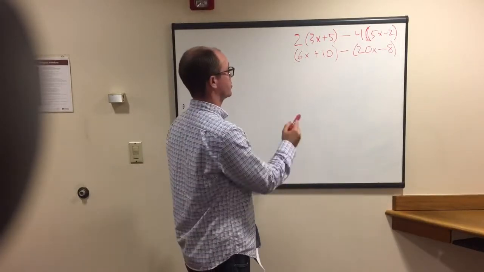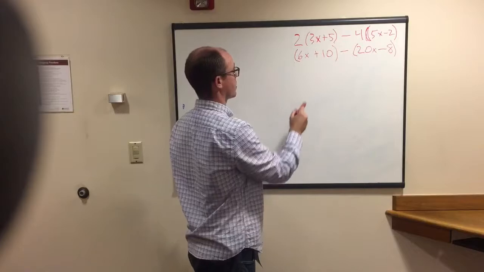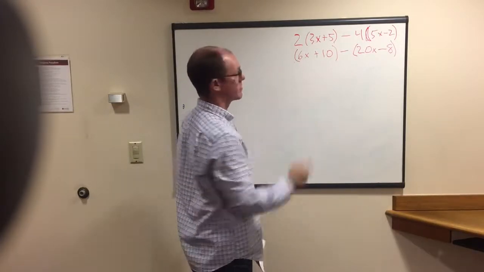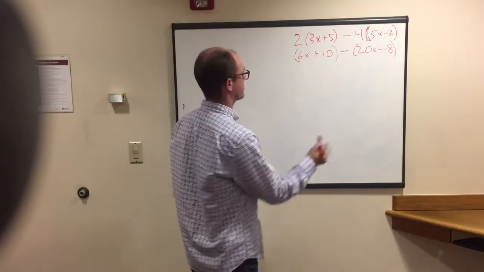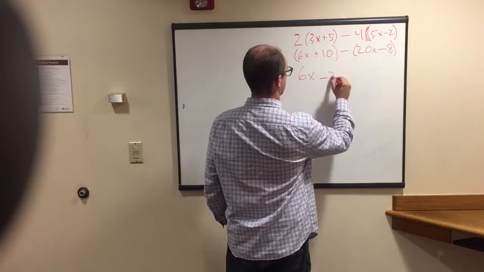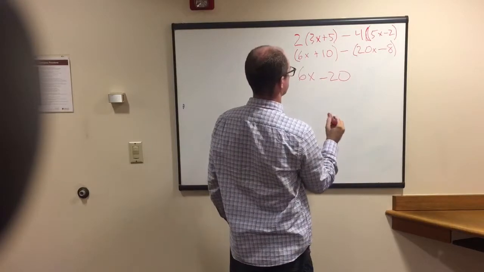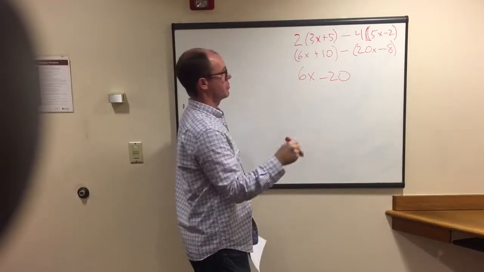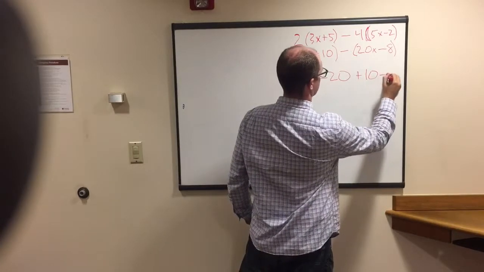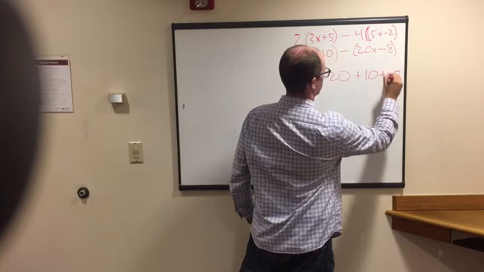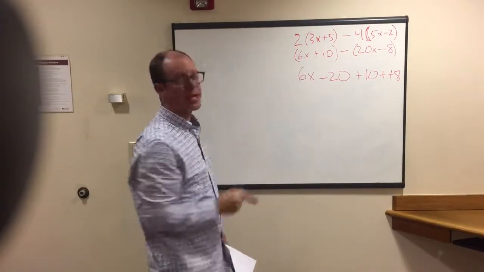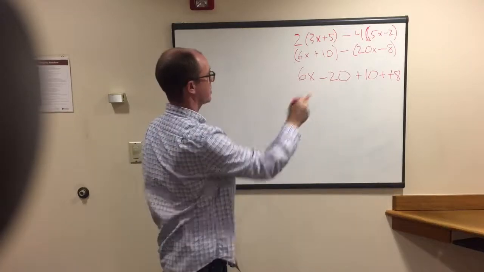So what we want to do here is combine like terms, right? So we'll do the 6x minus 20x and 10 minus negative 8. Remembering that two negatives make a positive, so it's 10 plus 8.